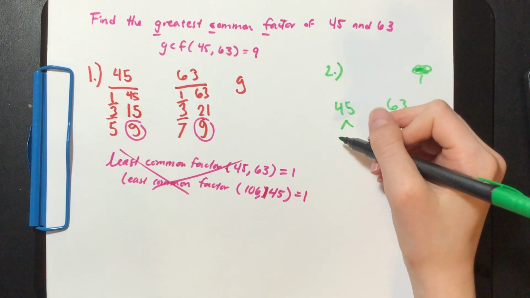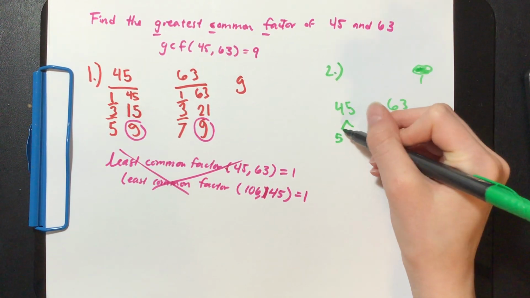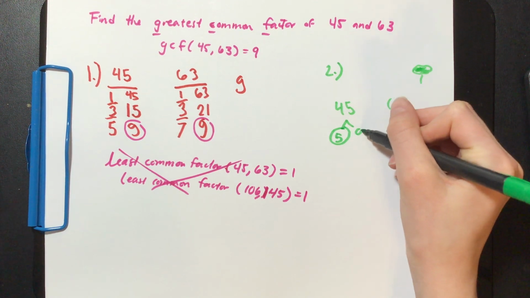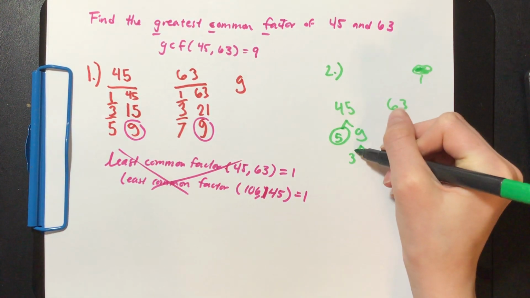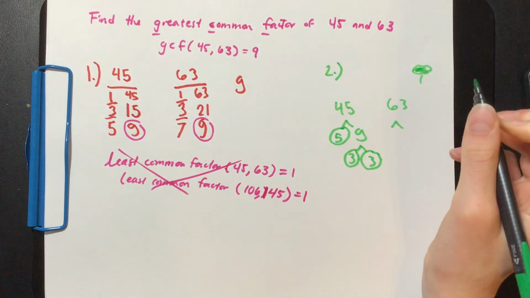Yes. So let's start with the largest. 5, which is prime, and 9, which can be split into 3, which is also prime, and another 3, which is also prime.